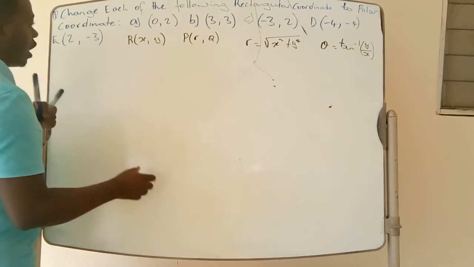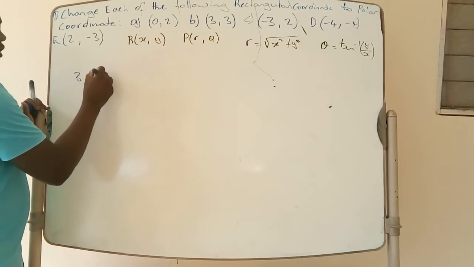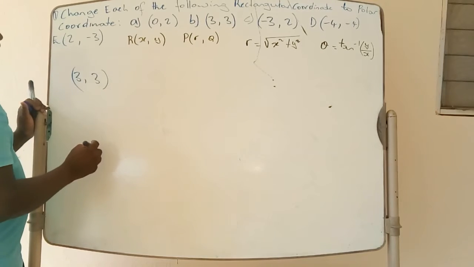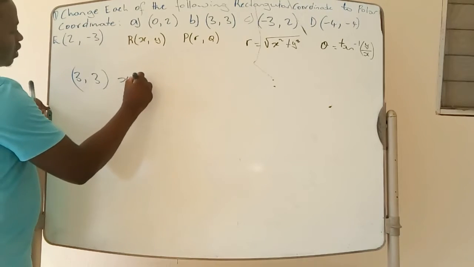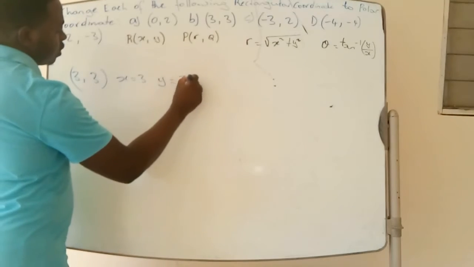For part B, we have the coordinate (3, 3). This is saying that x is equal to 3, and when x is equal to 3, y is equal to 3.